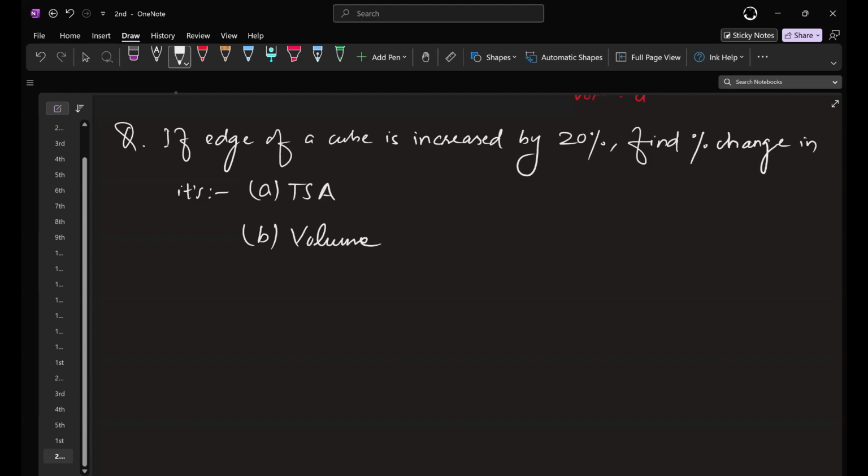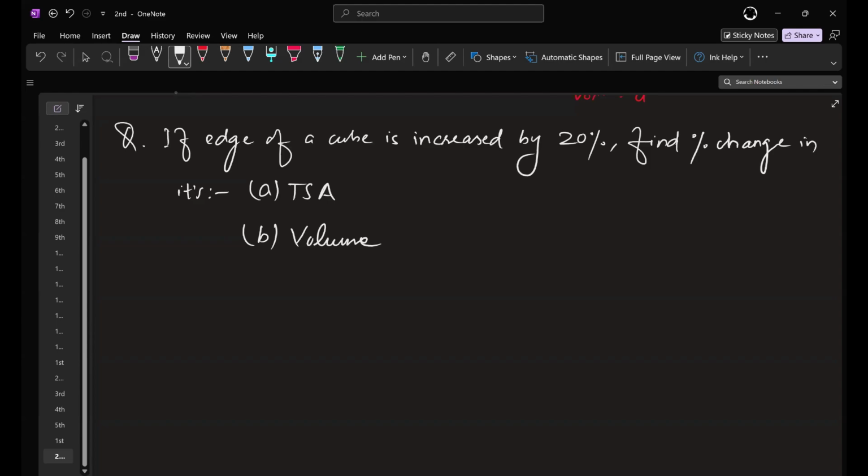Even if you are not getting an integer answer, you can just tell the fraction answer, whatever you are getting. So for TSA, is it 176?